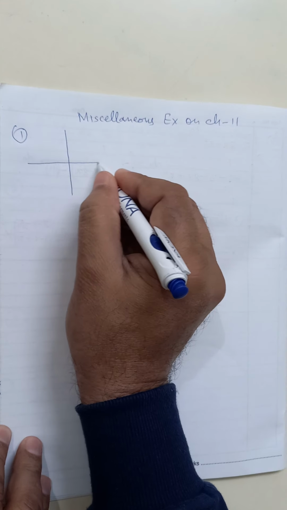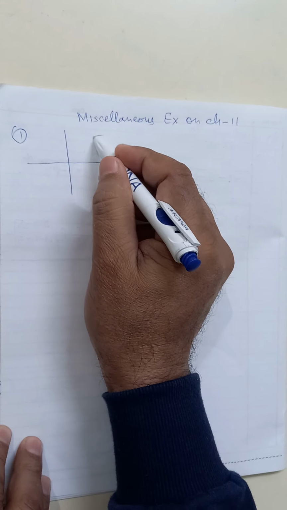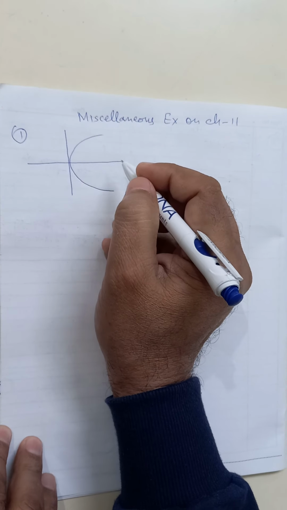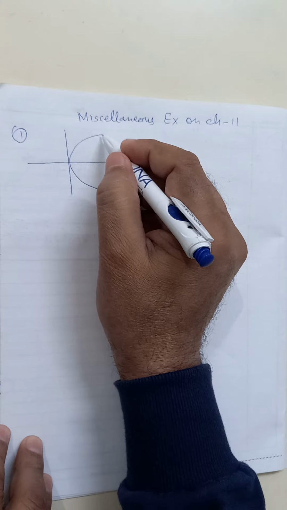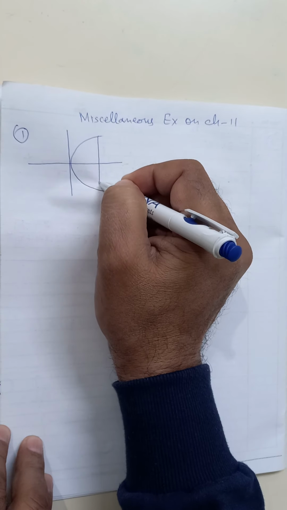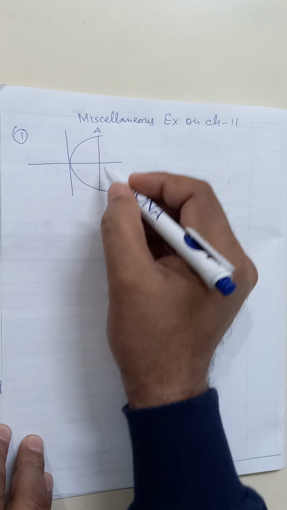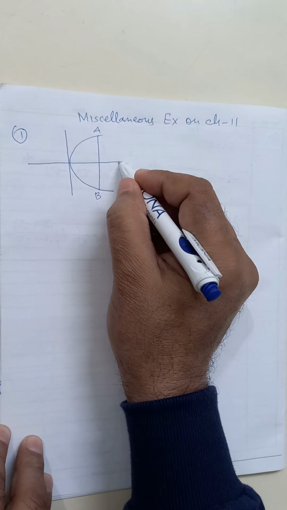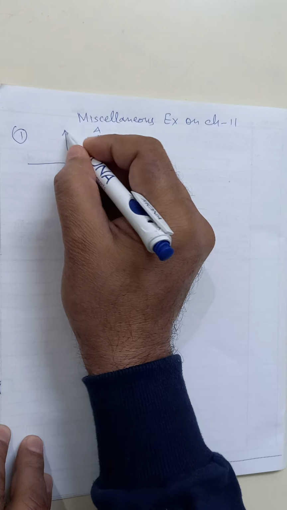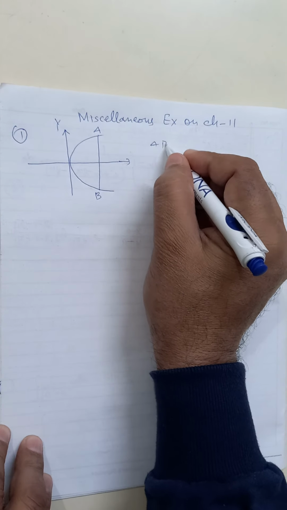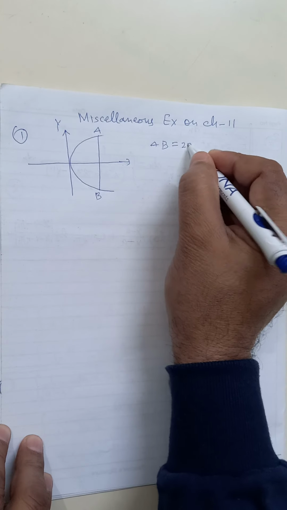Parabolic reflector is 20 centimeter in diameter. It means the diameter of the reflector is 20. Therefore, you can say AB is equal to 20 centimeter.